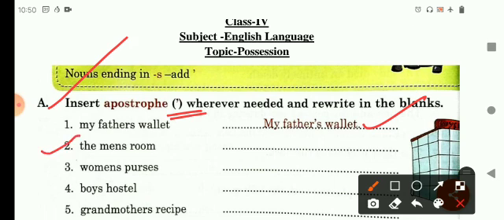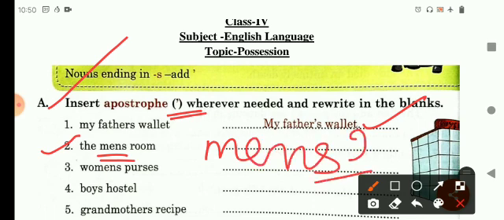The second sentence is the men's room. As you can see, men is already a plural form of the noun. So according to the rule, if the subject is already plural, then to show that the room belongs to men, it will be denoted simply by writing men, adding an apostrophe symbol at the end of the word, after the letter s.